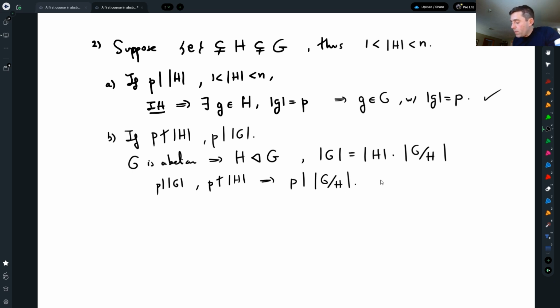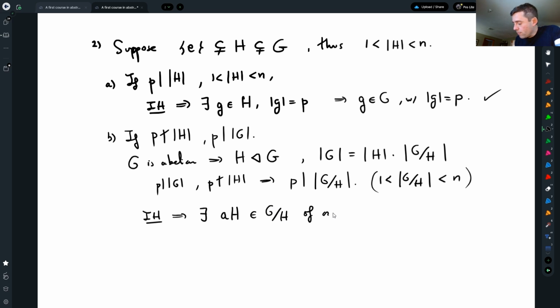But the order of the quotient group is also in the range of our induction hypothesis, so we can use the induction hypothesis there. So by the induction hypothesis, there is an element which I'm going to call AH in G mod H of order P. Okay, so that means that AH to the P's power is the identity because it has order P. But by the way, this is A to the P times H, the way multiplication works in a quotient group.